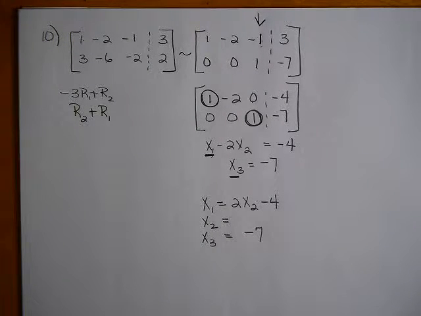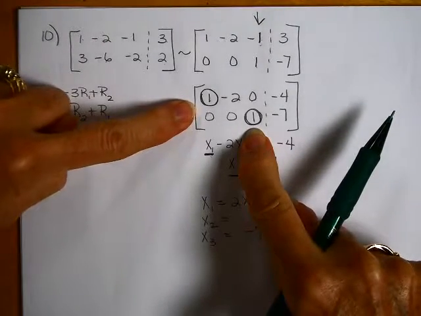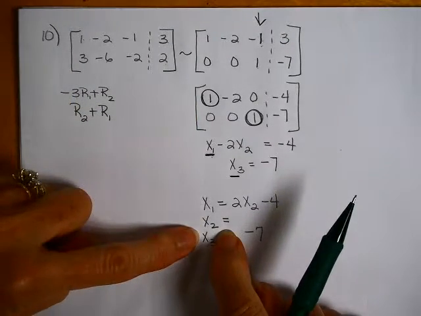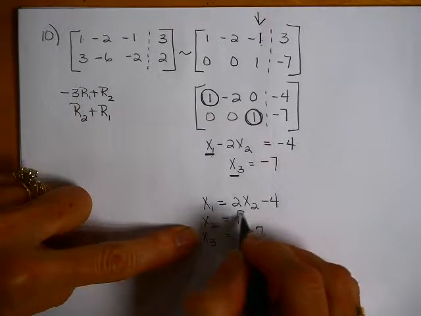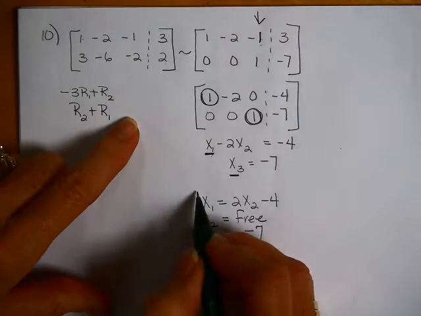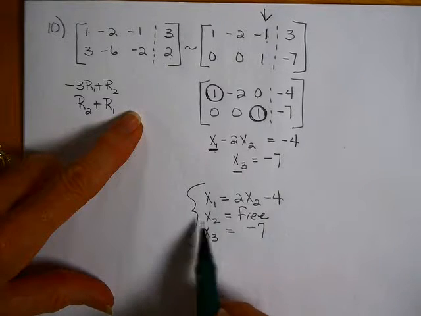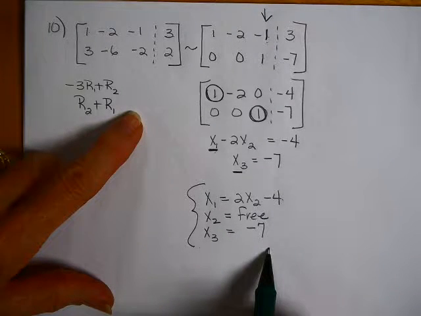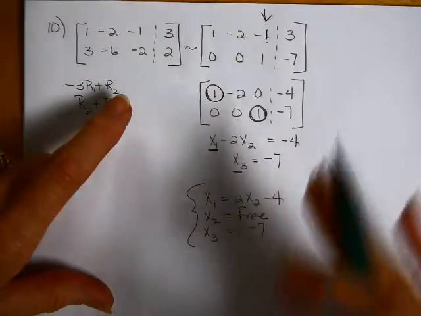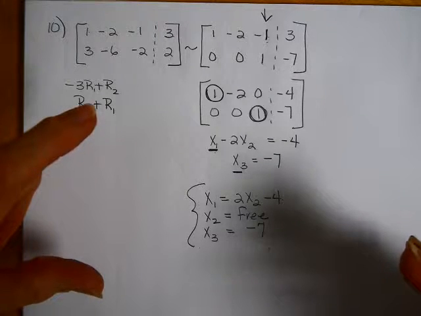What is it? It is not a basic variable because the basic variables are these two. This one is a free variable, so x2 is free. And I usually write these in order: something for x1, something for x2, and something for x3. This represents all of the solutions.